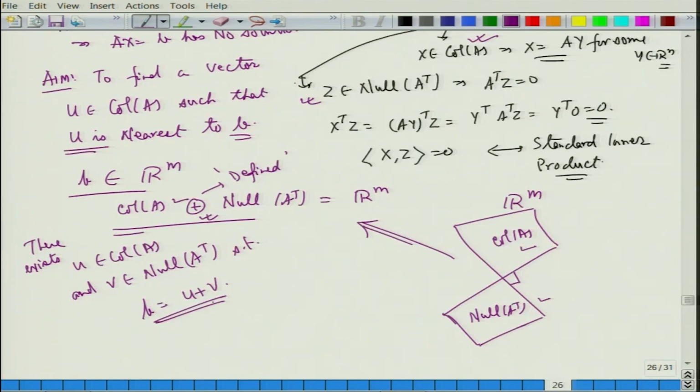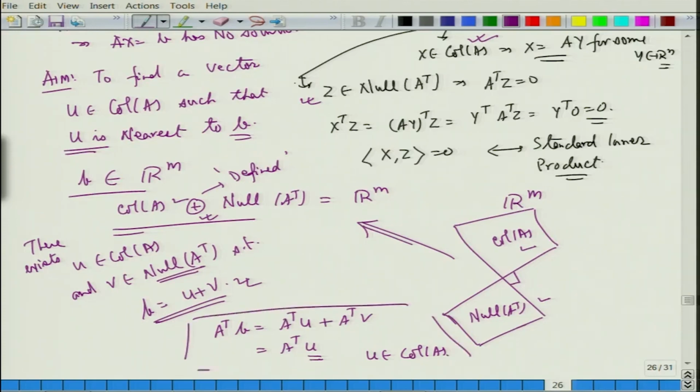Now I want to understand this using everything. So this is what is important for me. I know that B is this, so let us multiply by A transpose. What we know is that A transpose of V is 0. So if I multiply B by A transpose, I get A transpose of U plus A transpose of V, which is the same as A transpose of U. And U belongs to the column space of A. So in some sense you can see here that I have been able to get something which is near.